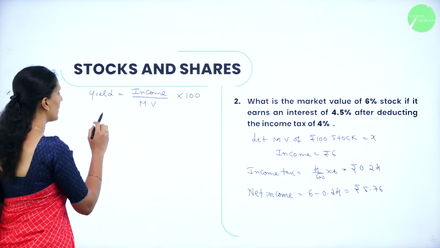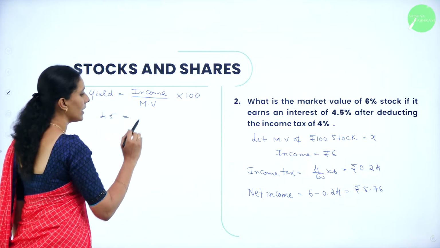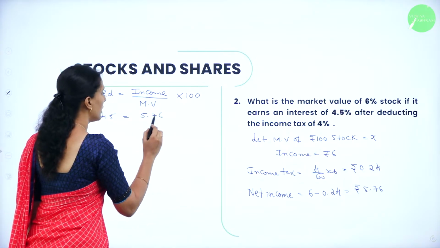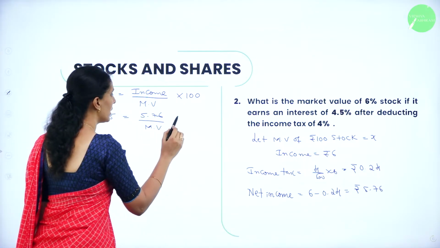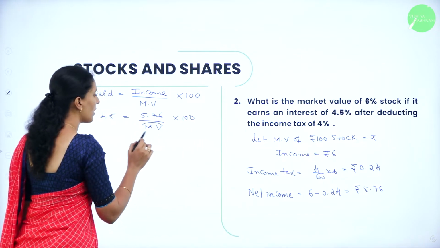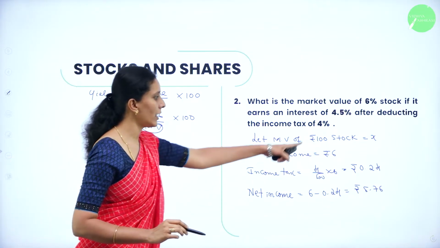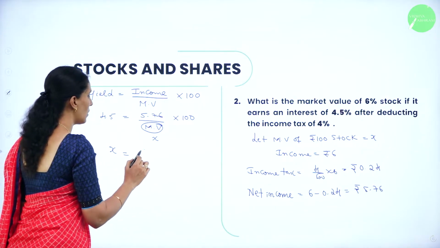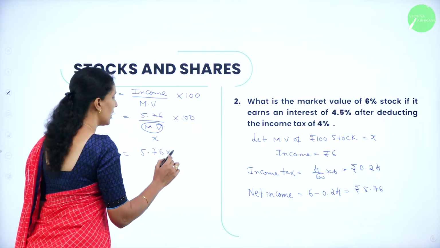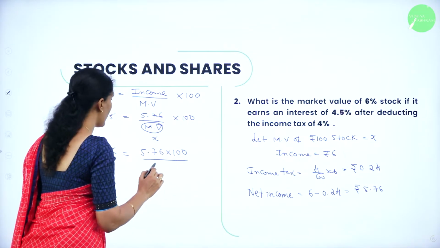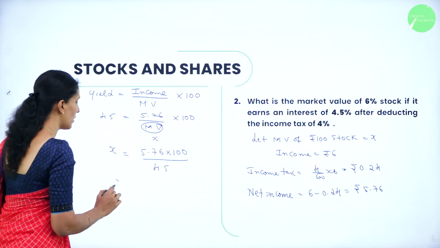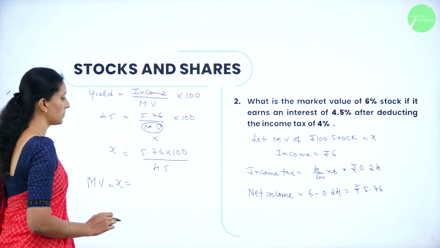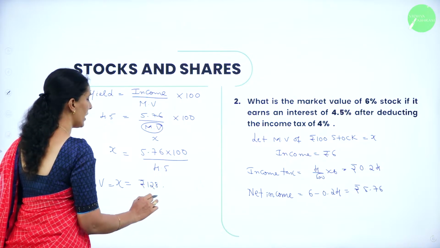So therefore here it becomes 4.5 and income we have 5.76 divided by market value into 100. Or else you can replace this by x because we have taken market value being x. So this becomes x is equal to 5.76 into 100 divided by 4.5. So therefore the value of x or the market value will be equal to rupees 128.